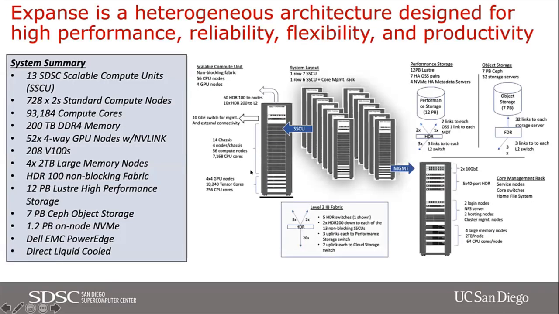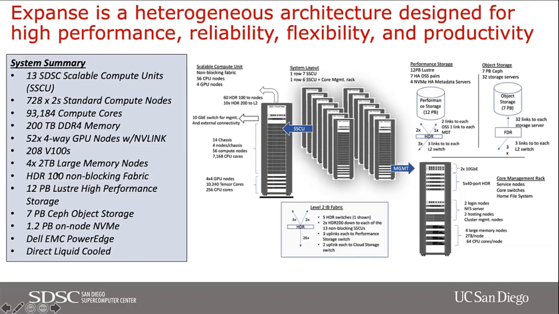So that was the architecture thing I was talking about. Since we just went through that, I can quickly go over it in case somebody just joined. Basically, Expanse has 13 scalable units, 728 compute nodes with about 93,000 plus cores, and then 52 GPU nodes, which have 4 V100s connected with NVLink, for a total of 208 V100 GPUs.